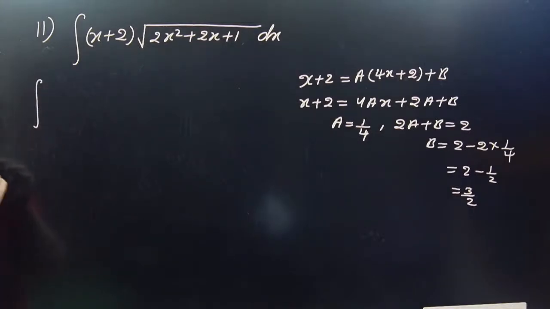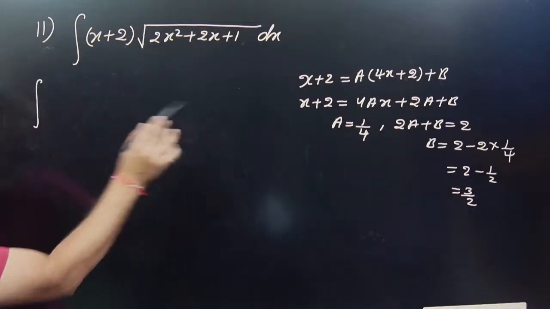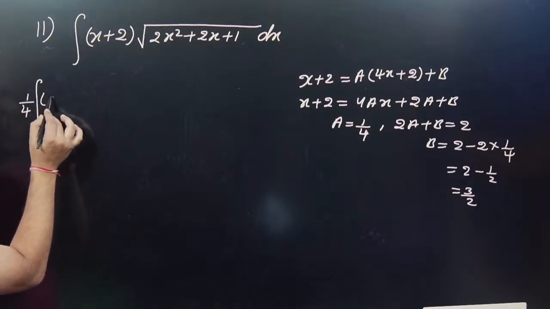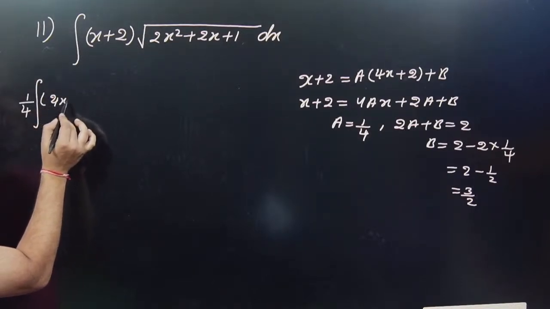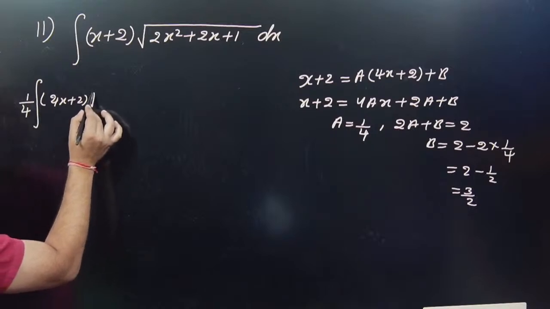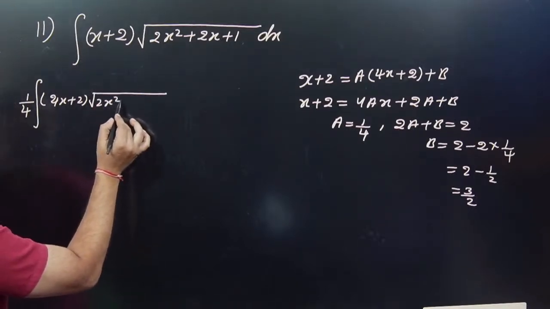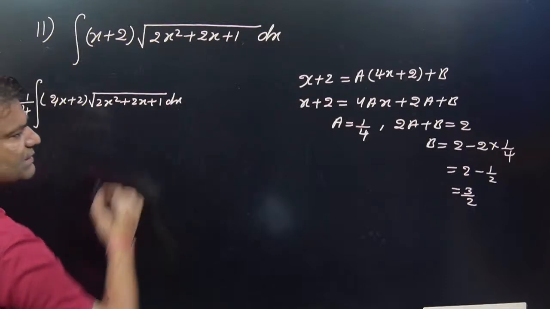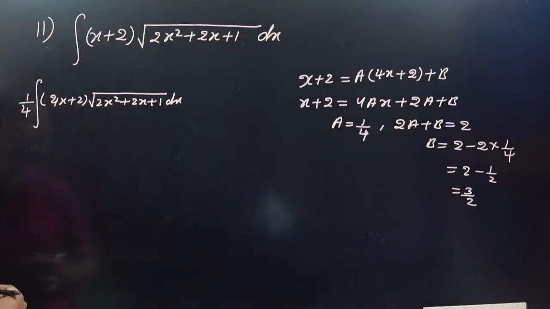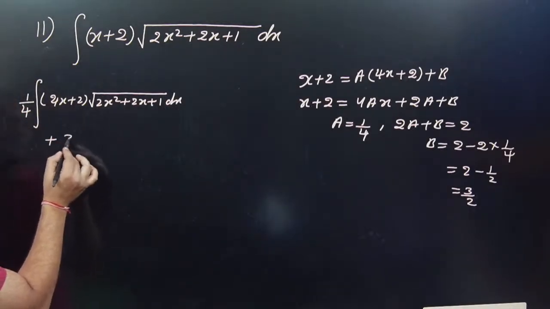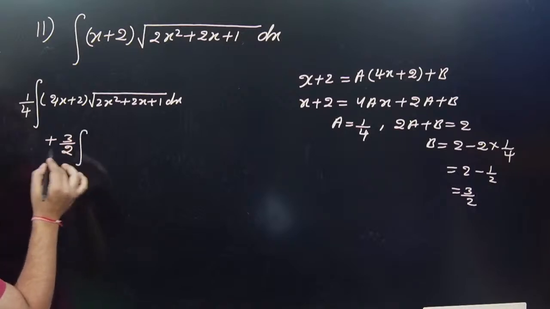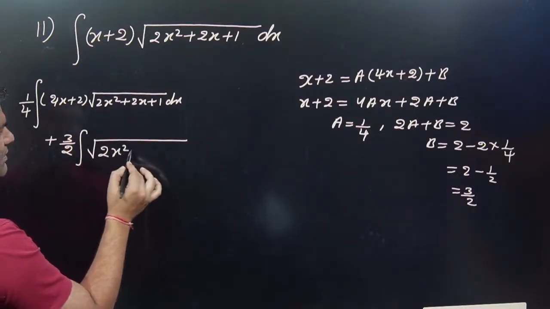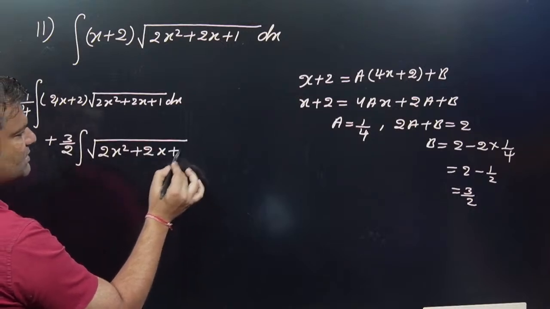So you can say that this one replaces to a is 1 by 4 into 4x plus 2 into under root of 2x square plus 2x plus 1 into dx, plus b is 3 by 2. So you can say 3 by 2 into integration of 2x square plus 2x plus 1 into dx.